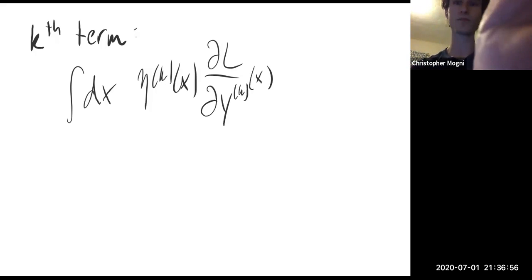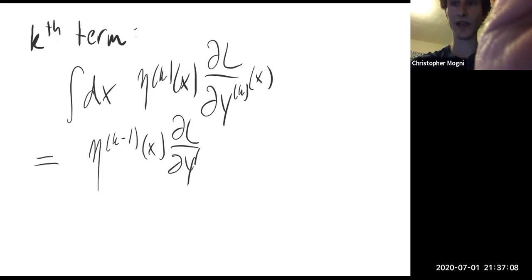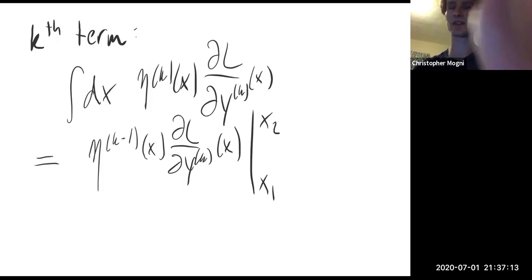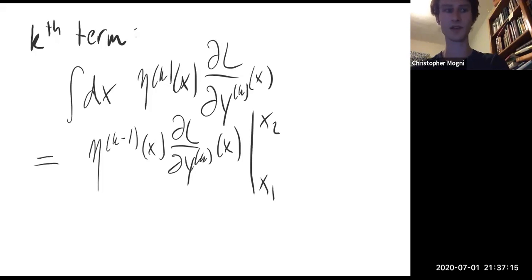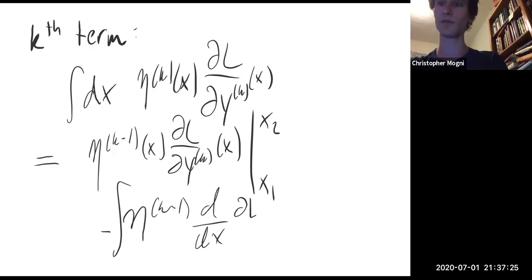Cool. So if we integrate by parts, what we're going to get is the following. Eta with k minus 1 derivatives acting on it, times partial L, partial y_k. This is going to be evaluated from x1 to x2, and that's what this notation means, minus the integral of eta^(k-1) times d/dx of partial L, partial y_k of x, dx.